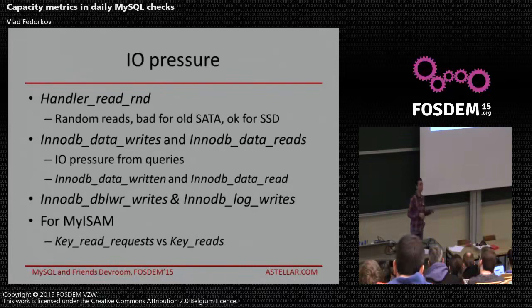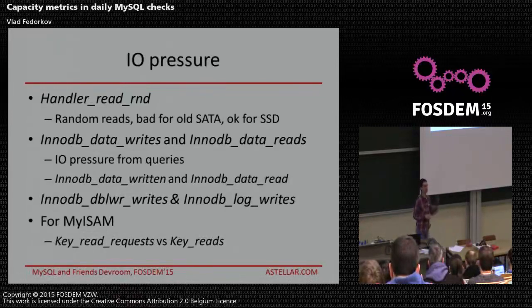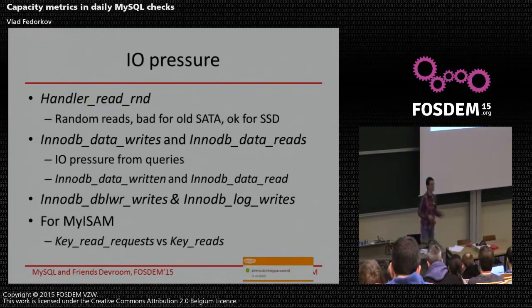The first two are about how many I/O requests were done to read and write the data, and the other two are about size. And you probably need to focus on the number of I/O operations, especially if you don't use SSD, it can be a problem.